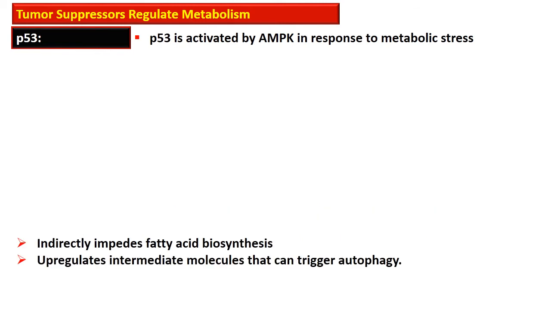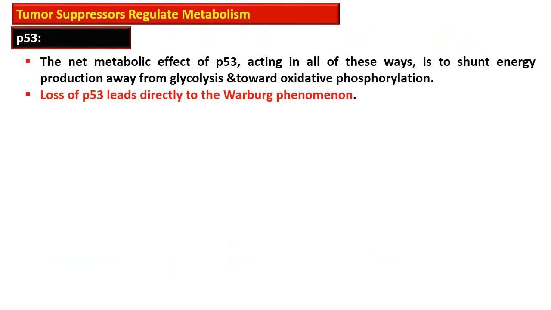P53 indirectly impedes fatty acid biosynthesis, and it also upregulates intermediate molecules that can trigger autophagy. The net effect of P53 is to shunt the energy production away from glycolysis and toward oxidative phosphorylation. Hence, the loss of P53 leads to the Warburg phenomenon.